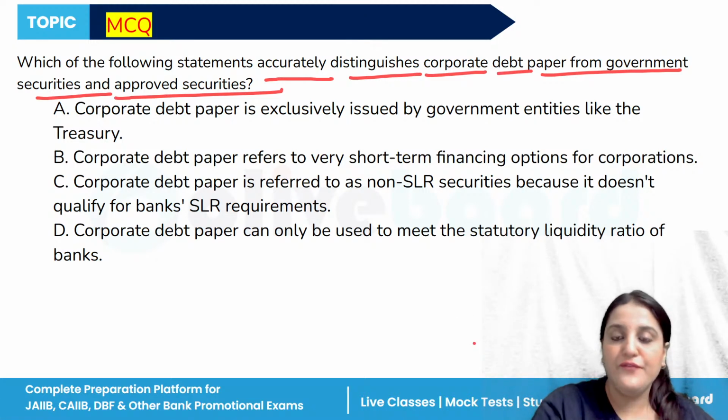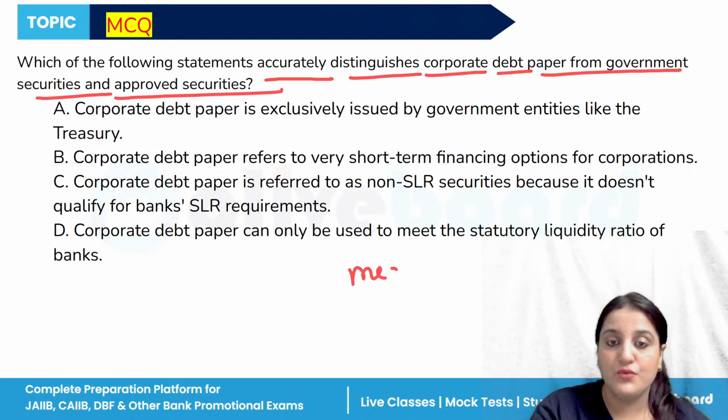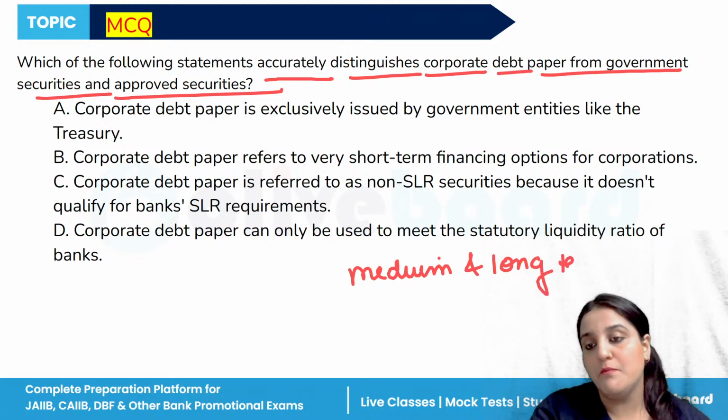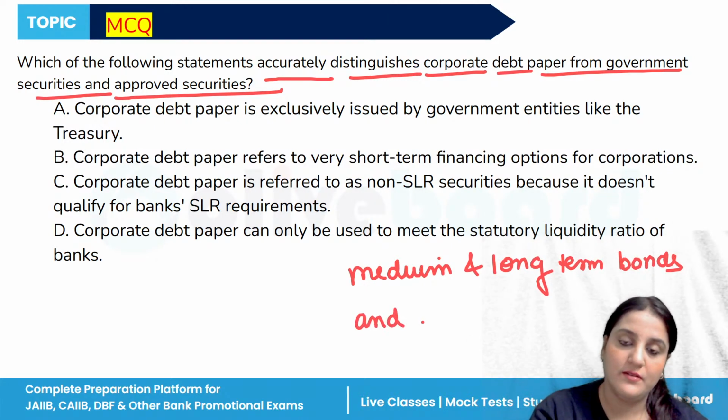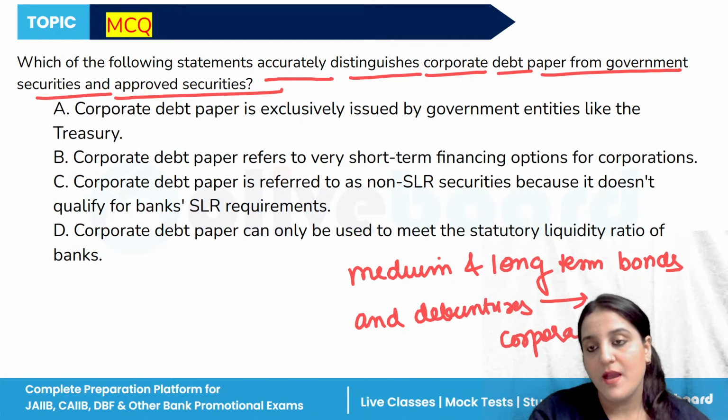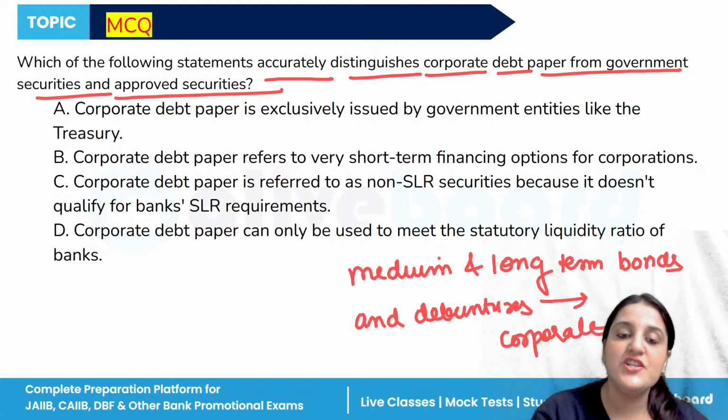Okay, corporate debt paper refers to the medium and long term bonds and debentures issued by corporates and financial institutions which are tradable.